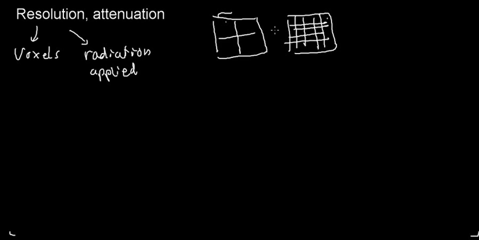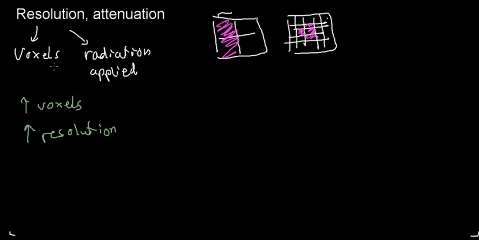If I analyze and radiate these, I may get better resolution the more voxels I have. I can get better resolution and better configuration than I can get with this. So obviously, the more voxels I have, the more resolution I have.